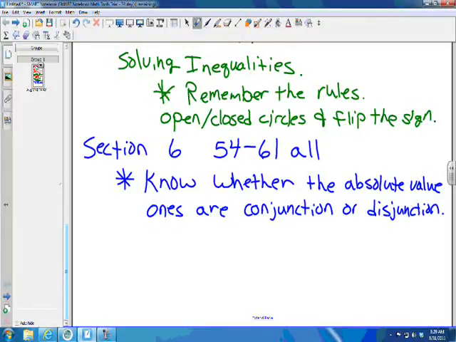So if it's absolute value less than, which one do you have? Anybody brave enough? Conjunction. And if it's absolute value greater than, you have a disjunction. Have to know it. No other way to get it right. Both the answers will be there. The conjunction and the disjunction answers will be there. So you got to know which one it is.